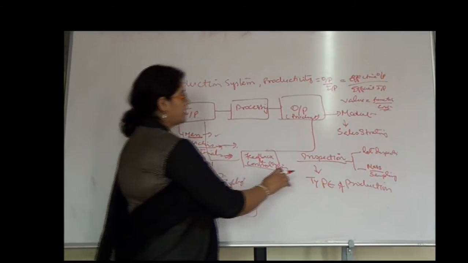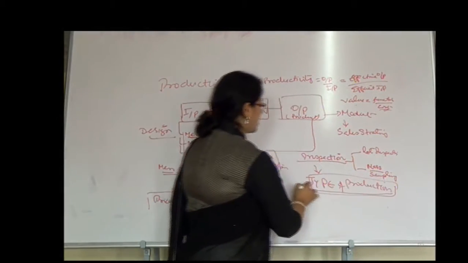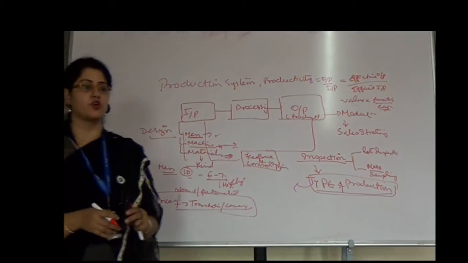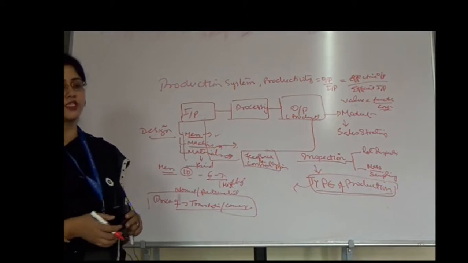Now we see the types of production. How is this type of production going to affect the productivity? In some books you will find the question: if the production system increases, is that going to increase the productivity?